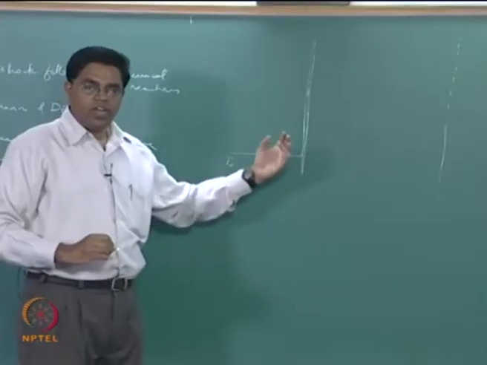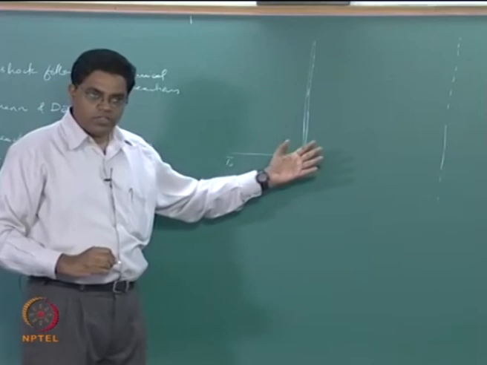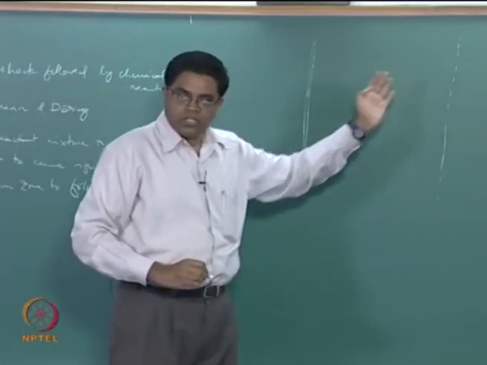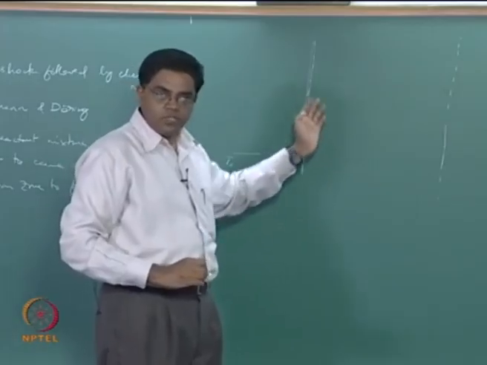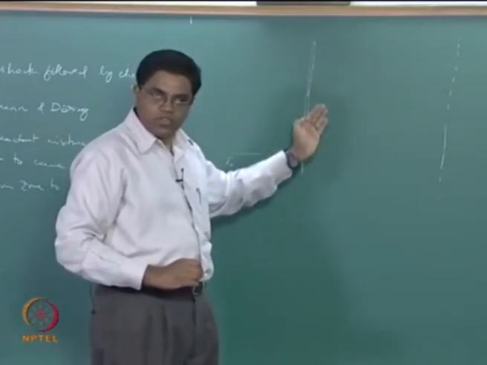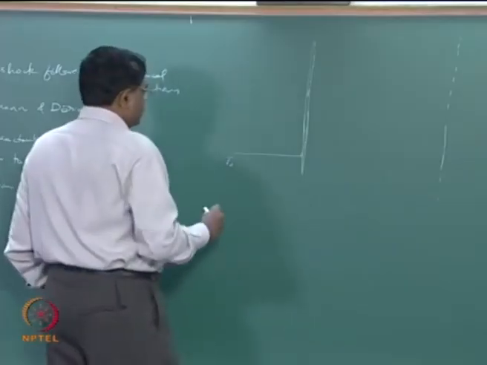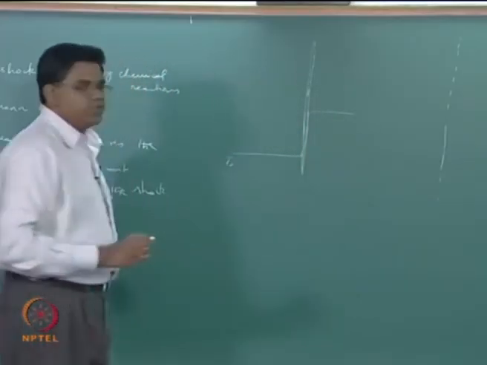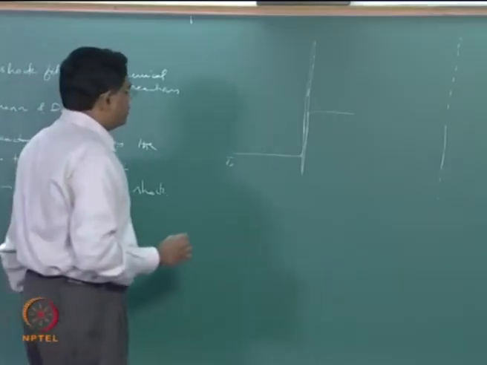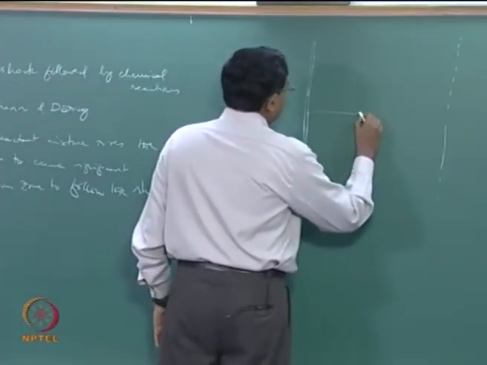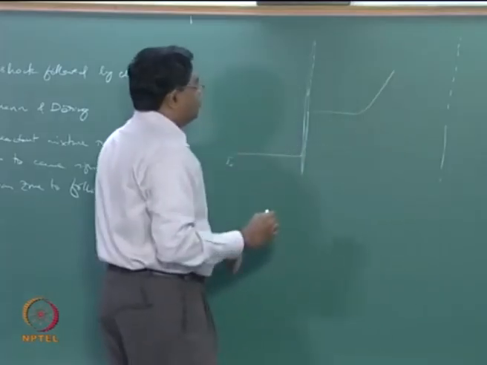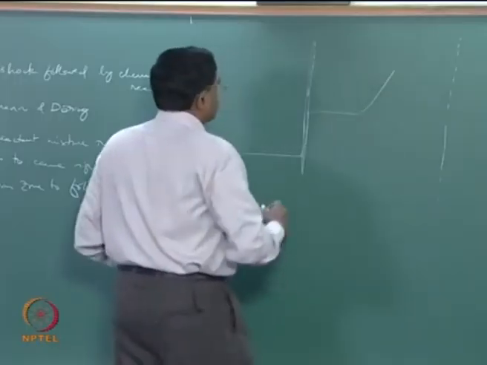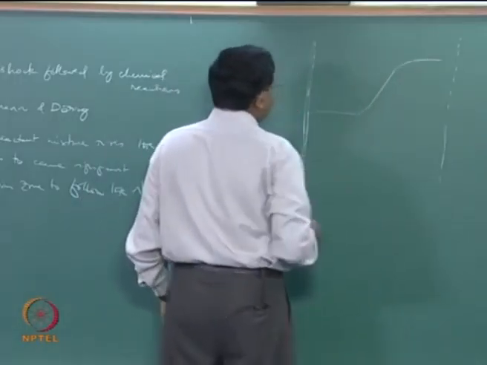Because in reality, if you have chemical reactions, you have to reach something like the flame temperature, and the shock itself is not going to raise the temperature up to the flame temperature. It is going to raise it up to some point, and then subsequently you have a region where the temperature remains constant for some distance, and then it begins to increase very similar to the way it increases in the deflagration wave pattern, and then levels off.